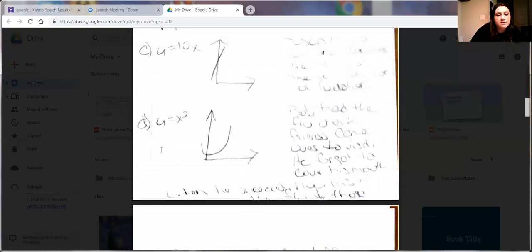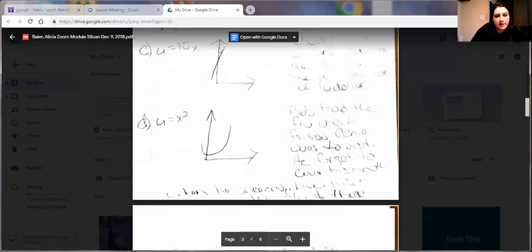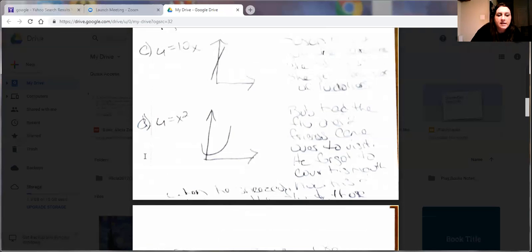Y equals 10 to the x, and Susan has a job, and every time she sells a hat, she gets commission of $10. So this shows her sales of $10, or her commission every time she sells. And then D, y equals x to the second.